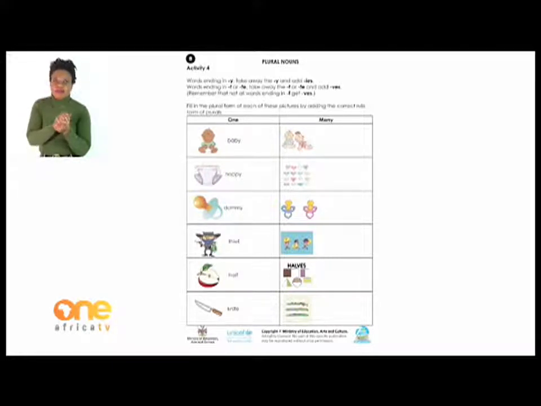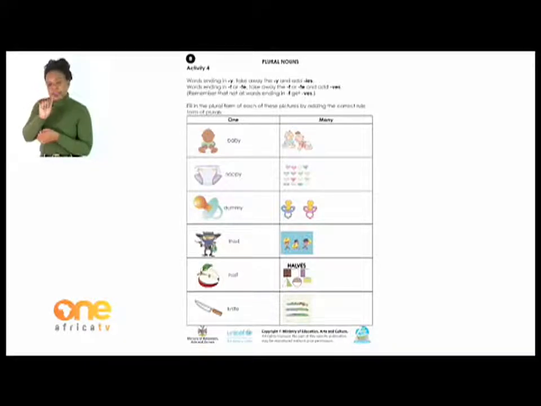Fill in the plural form of each of these pictures by adding the correct rule form of plurals. We have got a baby there, and we are being shown the pictures of 2 babies. So in other words, baby becomes babies. We are following the Y rule, where we are throwing the Y and replace with IES.